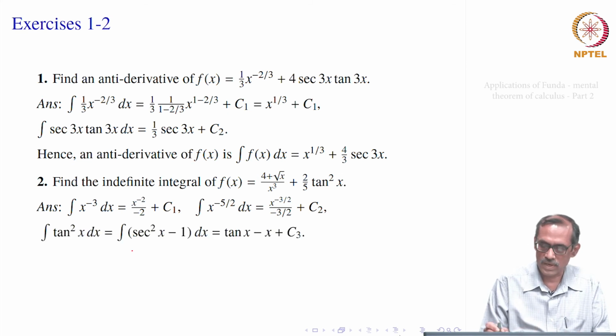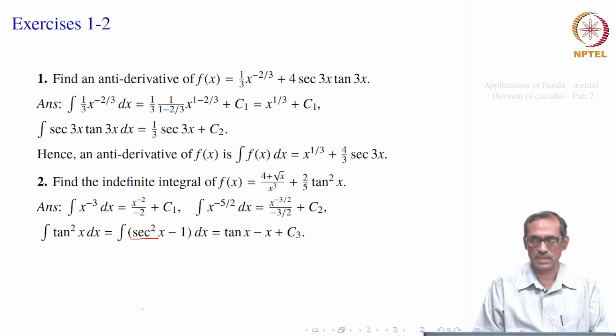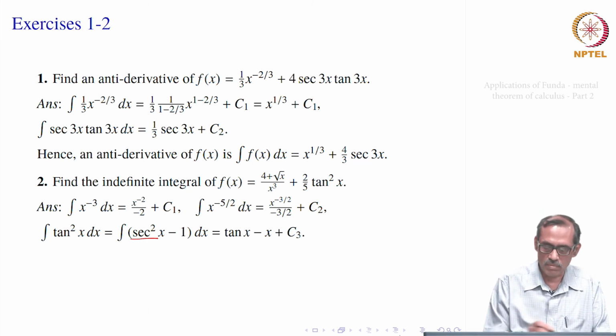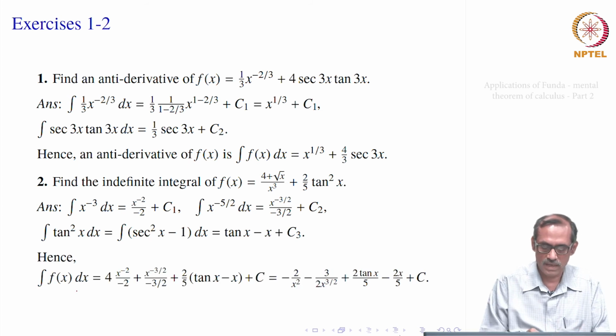And then for tan square x, we see it is secant square x minus 1, and secant square x we get by differentiating tan x, 1 we get by differentiating x. So its integral is tan x minus x plus C3. Then we multiply with appropriate constants and get back our indefinite integral.